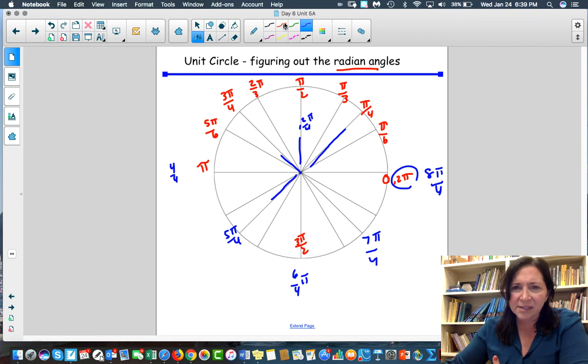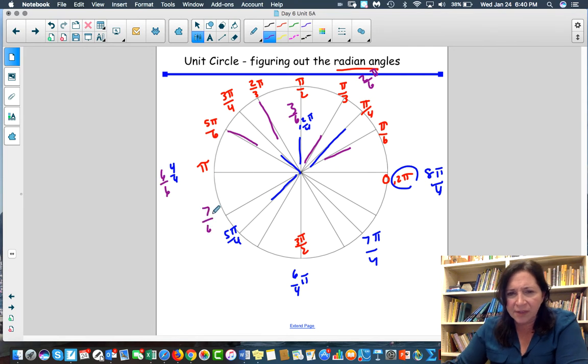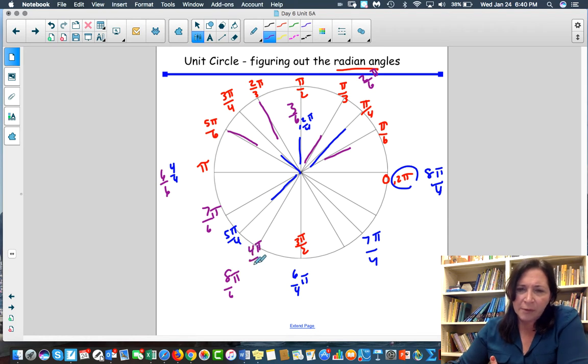Counting by sixths, you've got 1/6, 2/6. Now 2/6 is 1/3. 3/6, which is a half, 4/6, 5/6, and then 6/6. Therefore, this is going to be 7/6. This value is going to be 8/6 pi, but keep in mind I can reduce that. 8/6 is going to be 4 pi over 3.